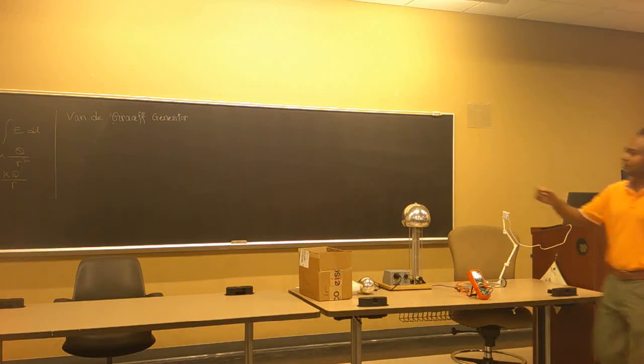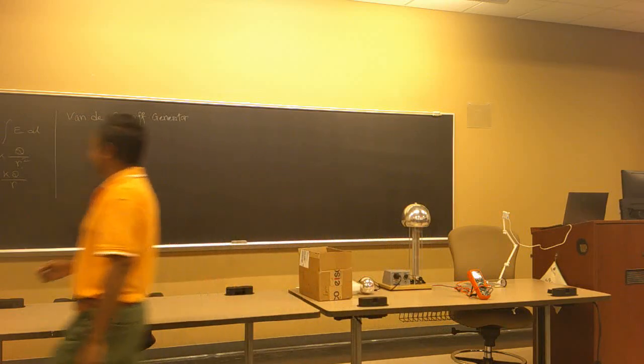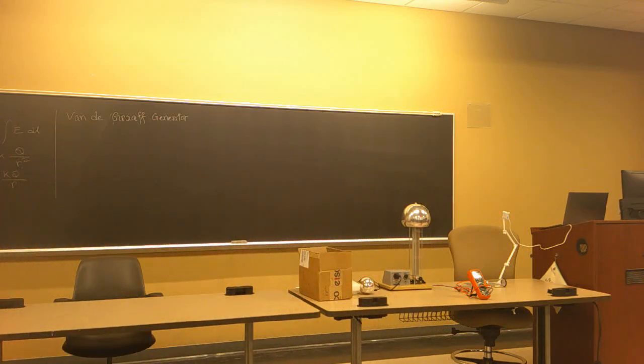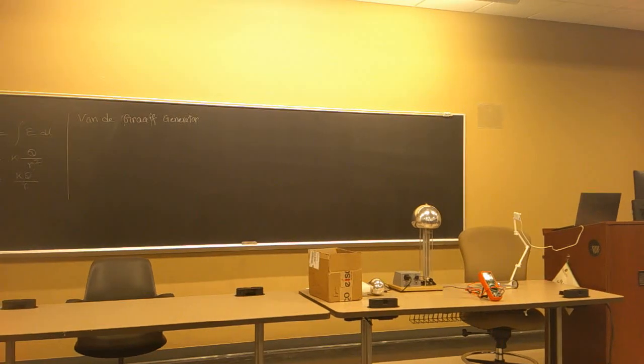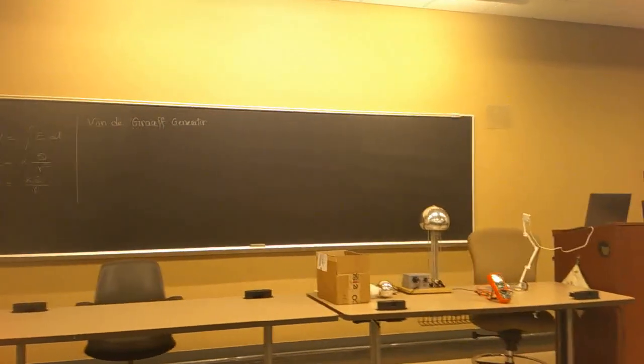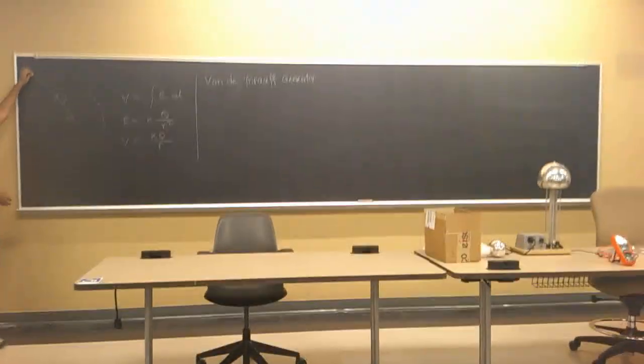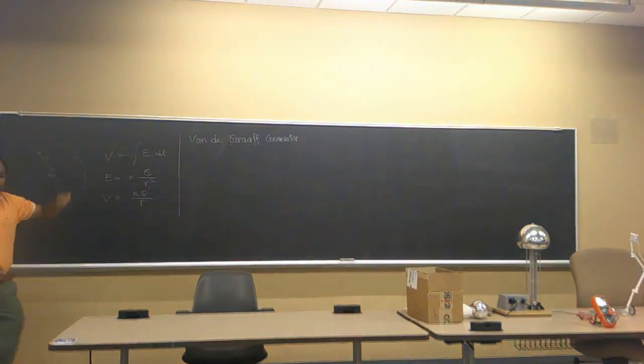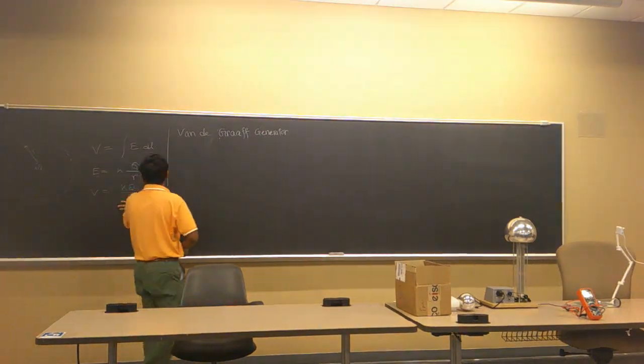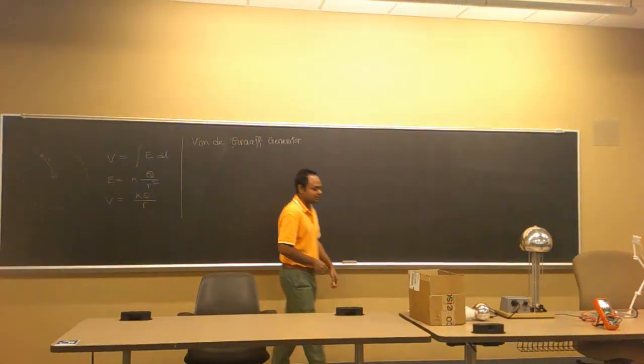You can stay a little bit away. For instance, let's say this is your Van de Graaff generator, this is the sphere. If you put your voltage probe somewhere here, you will be able to register some voltage. And how much voltage it is, that's given by K times Q over R.